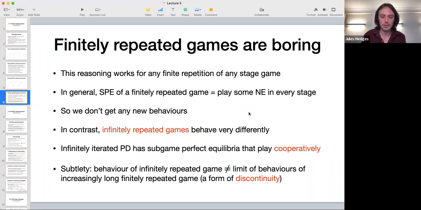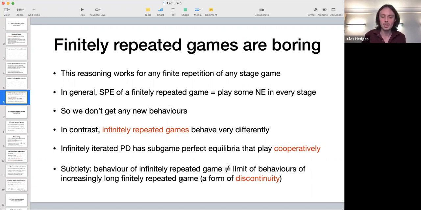Now, as we're going to see for the rest of the week, this is heavily in contrast with what happens when we play a game infinitely often. There's a big subtlety here, which is that the behavior of an infinitely repeated game is not like the limit of the behaviors of increasingly long finitely repeated games.